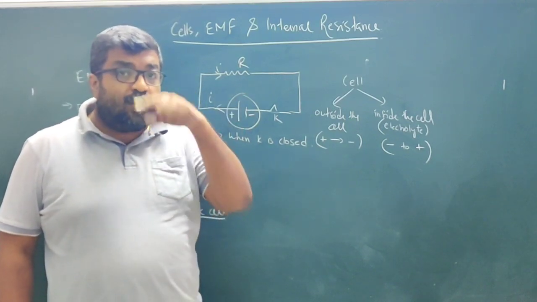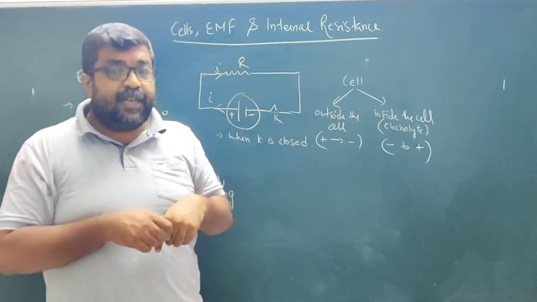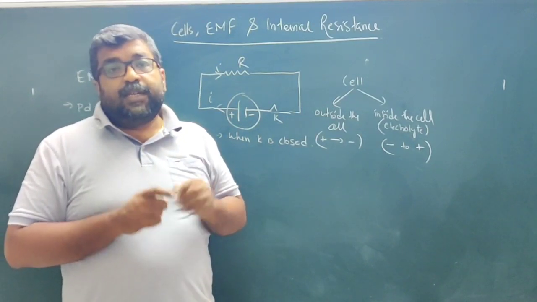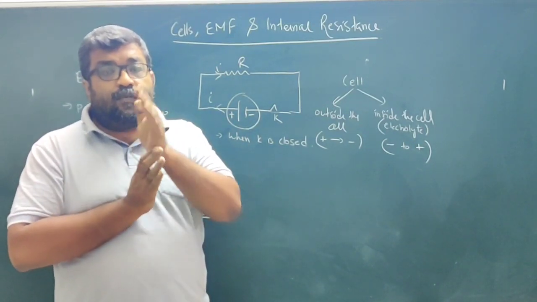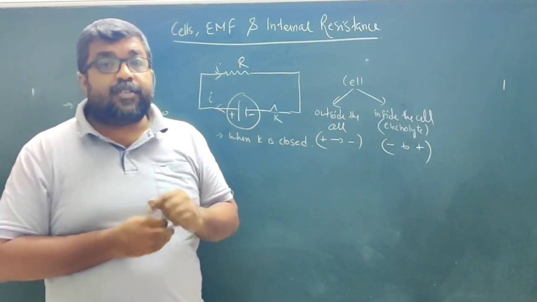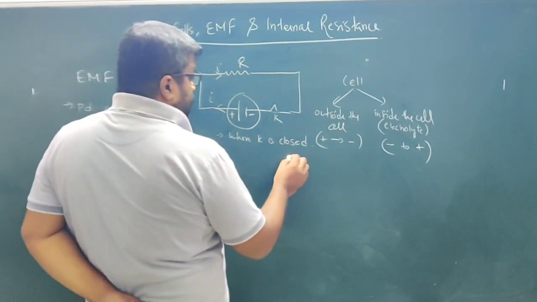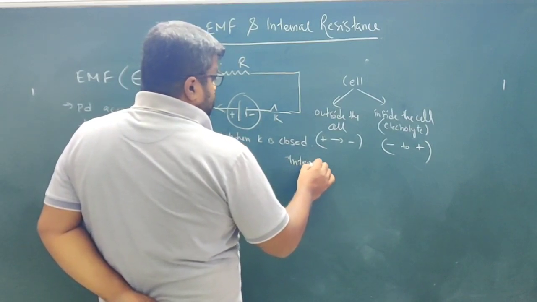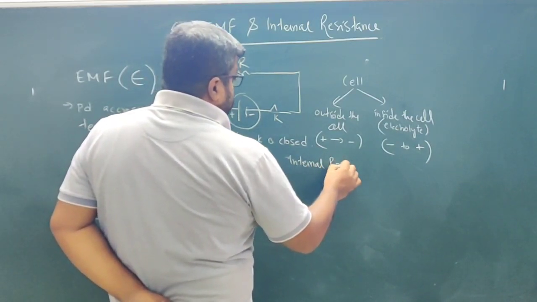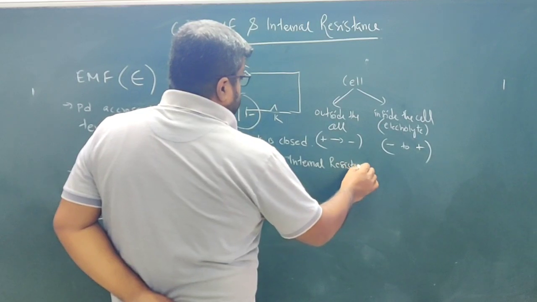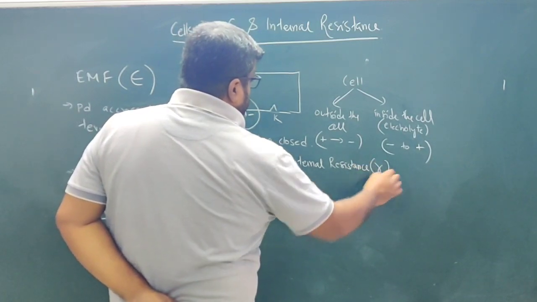So this resistance offered by the inside part of the cell to the flow of electric current is called internal resistance, denoted by the symbol small r.